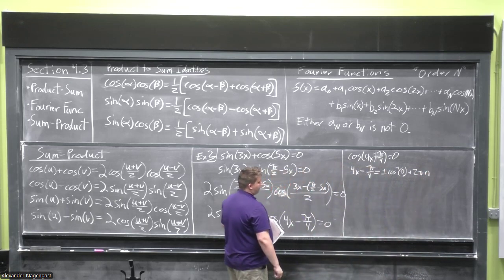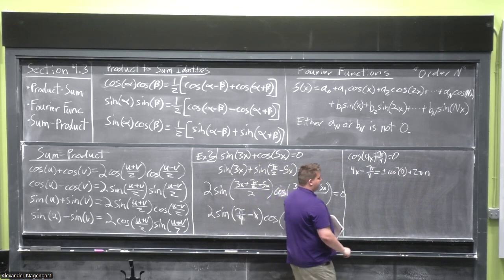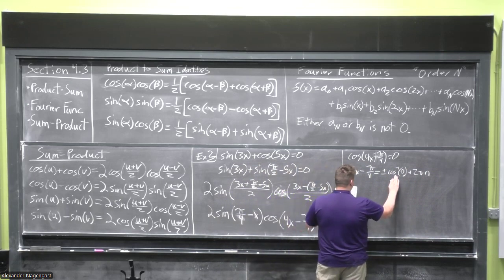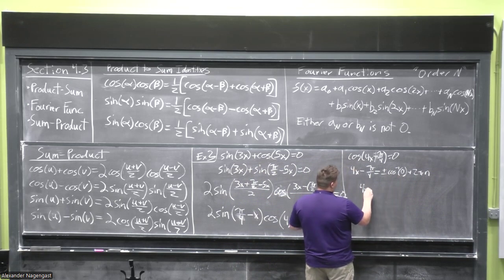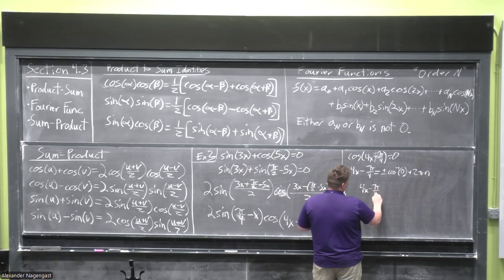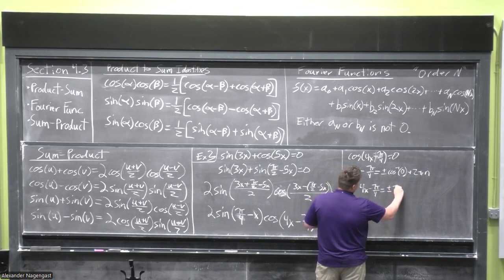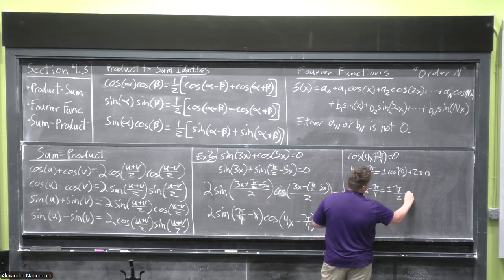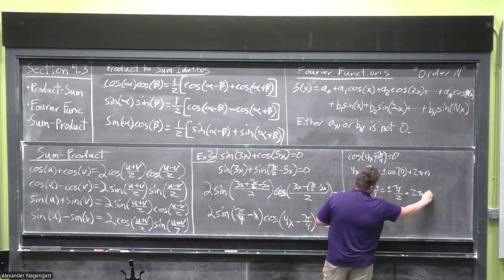Solving for this equation, we get this to be pi over 2. So we'll have 4x minus pi over 4 is equal to plus or minus pi over 2 plus 2 pi n.